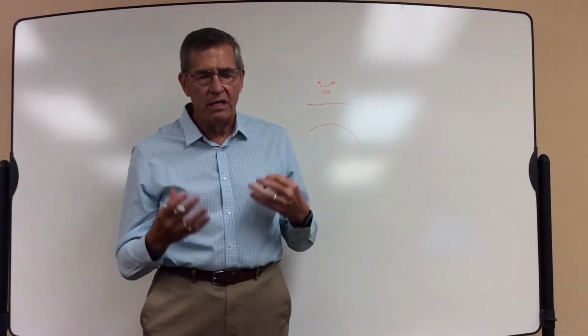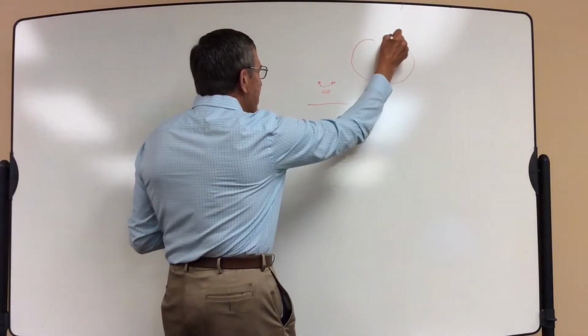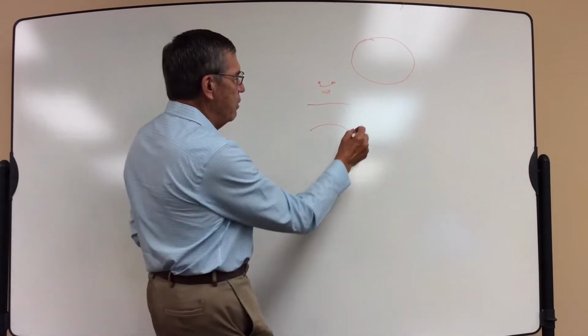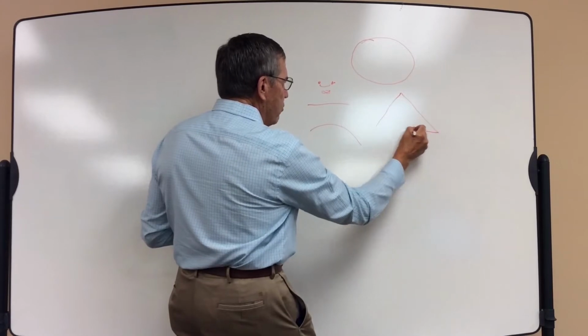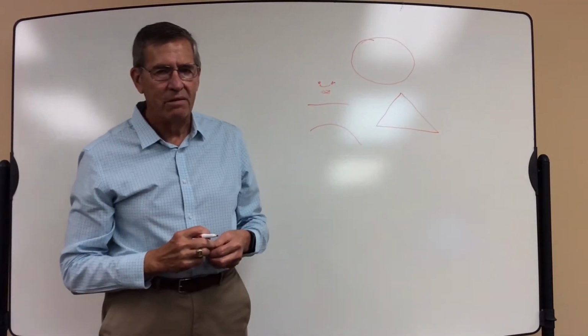So we're going to be using a curve, which allows us to draw a circle, and then we're going to be looking at polygons, like an equilateral triangle made up of 3 lines. Okay?